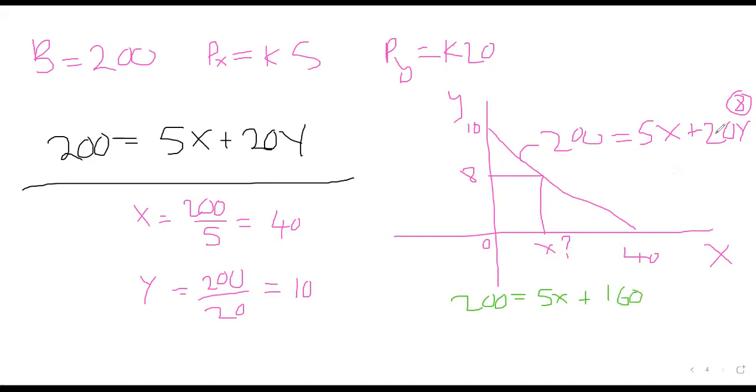When we multiply 20 times 8 is 160. So when we subtract, what are we going to have? 200 minus 160 is equal to what? 5X. And then what are we going to have on this side? 40 equals 5X. So meaning our X therefore will be what?